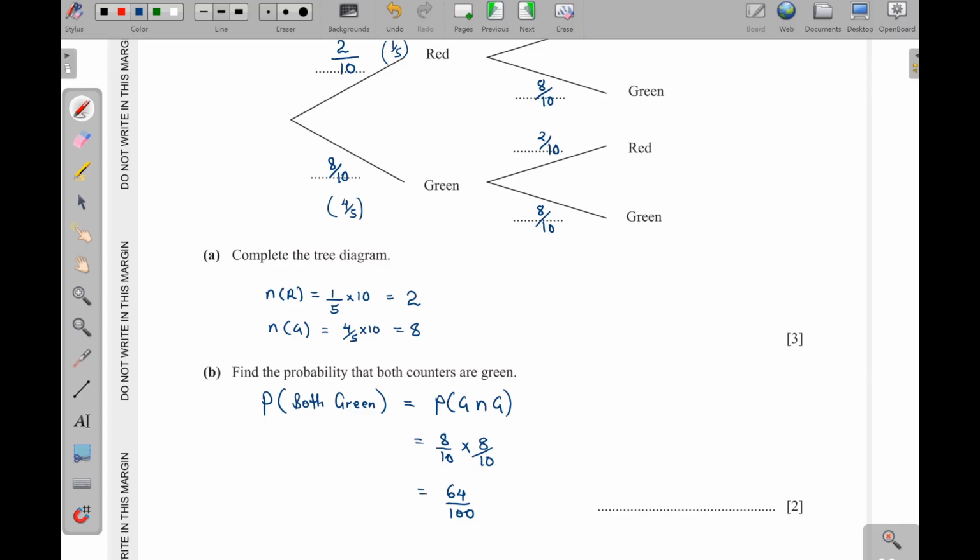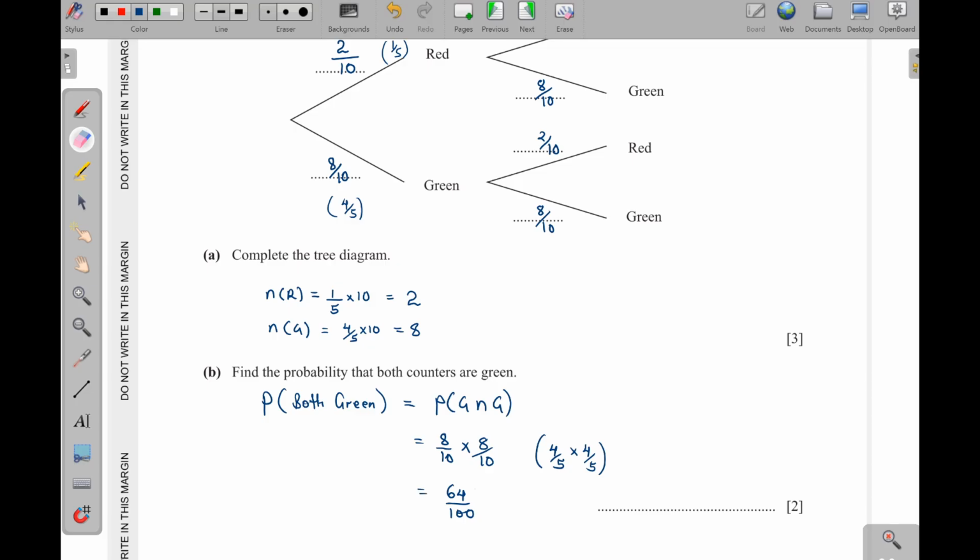You can simplify it, you can leave it like that, no problem, because they didn't tell you to write it in the simplified form. But I can say divide by 4. Just like I said before, we can have 4 over 5, then times 4 over 5. Not so?